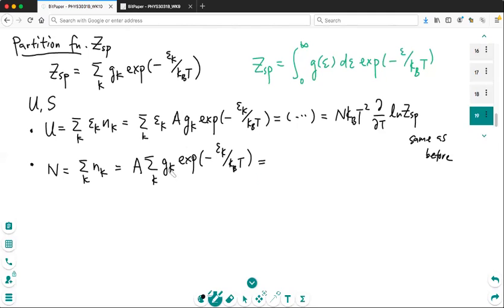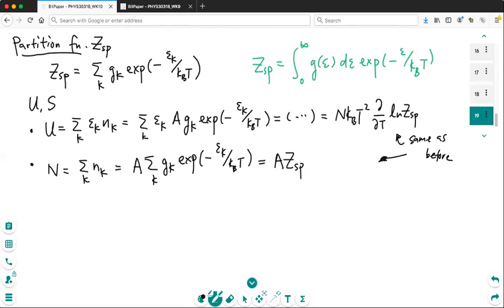Once I pull it out, I discover that this is just the partition function. So I have A times the partition function. Again, this is the same as before.